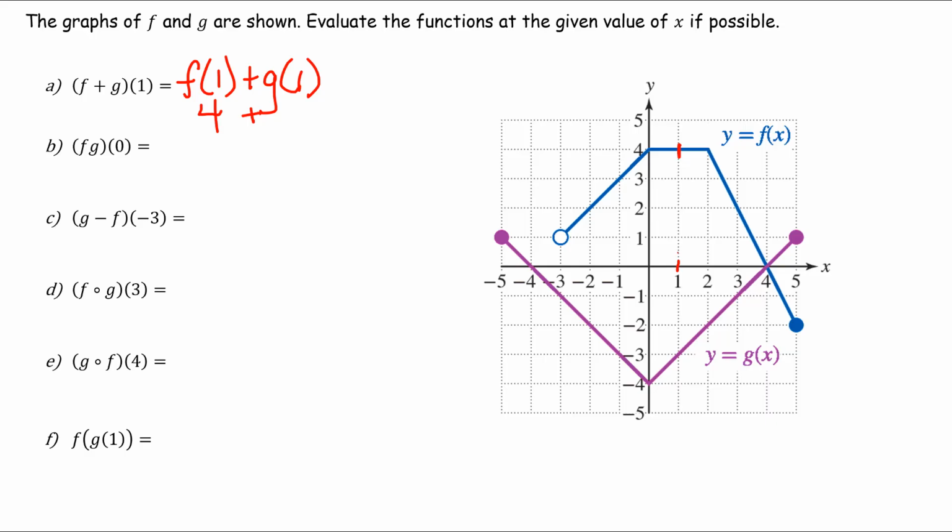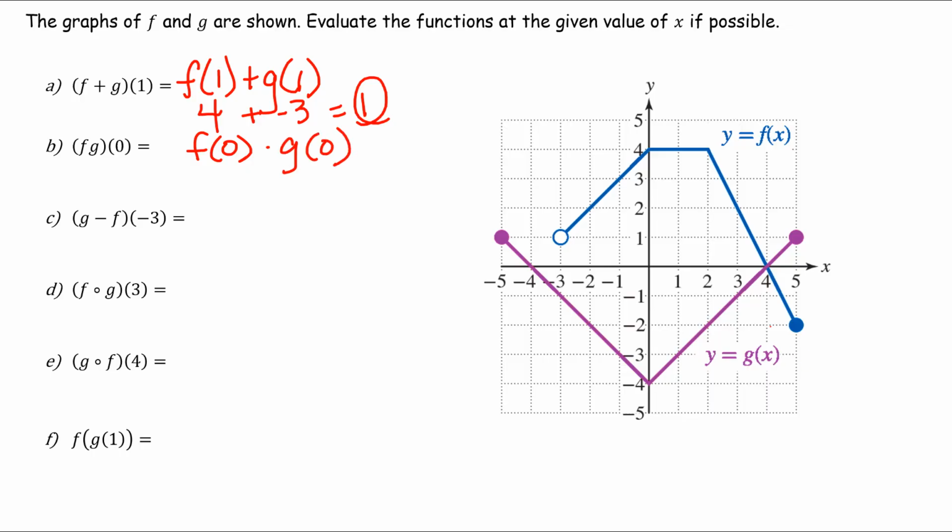G of 1 is the value of the purple function when x is 1. So if you go down here to the purple function, it's right there. The y value of that function is negative 3. So 4 minus 3 is 1. That would be the value of f plus g of 1. F times g of 0, if we look at that, that means f of 0 times g of 0.